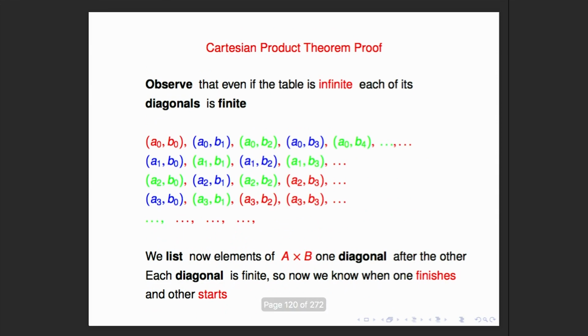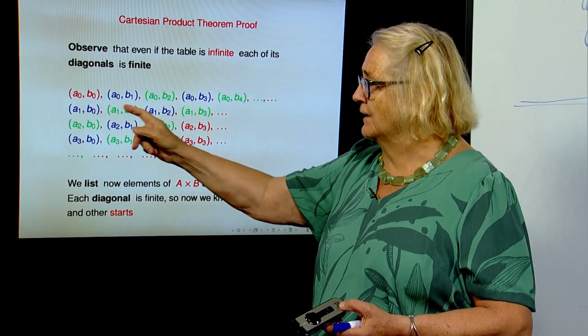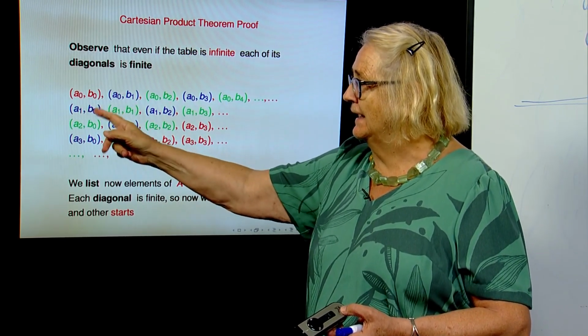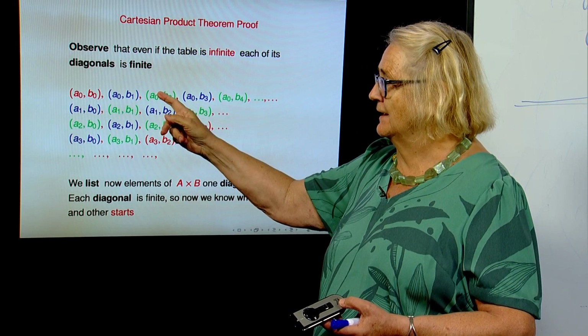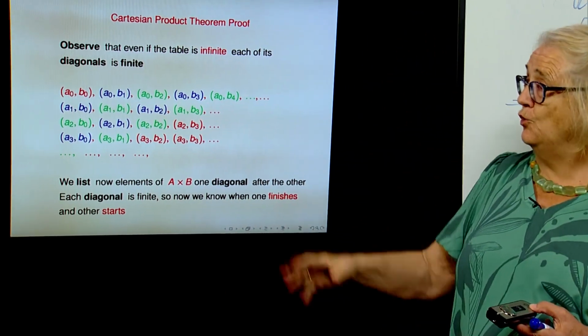And the question is, this is an infinite table, but if you have this, and now you do the diagonal, you see? And now you do the next diagonal. You do the next diagonal.